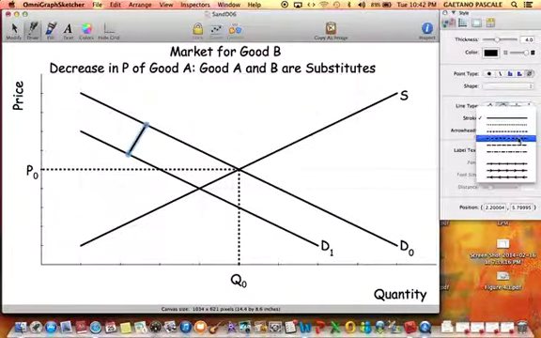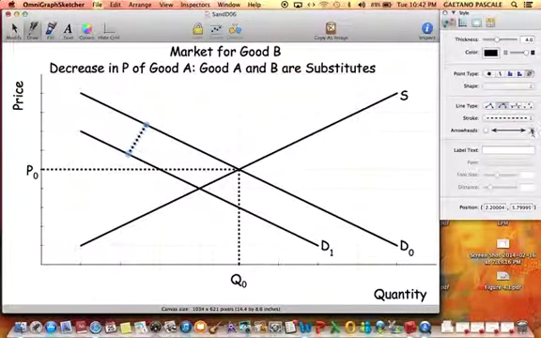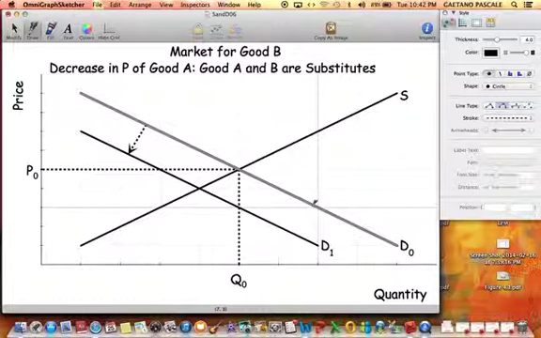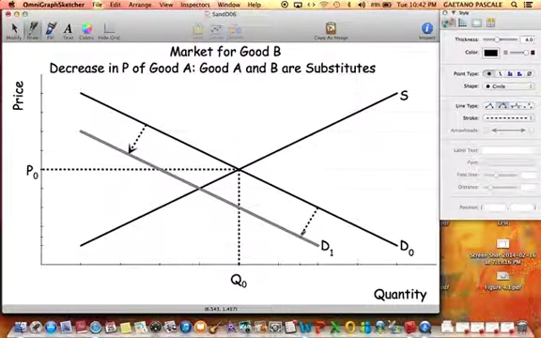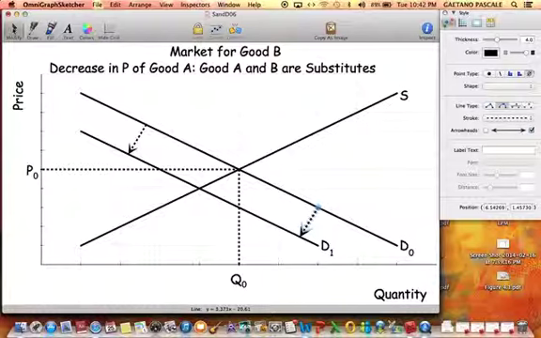And let me change that to a dotted line. So the demand curve is shifting inward. Because of the decrease in the price of good A, the demand for good B will shift to the left. That's represented by the fact that we started off at D0 and now we are at D1.